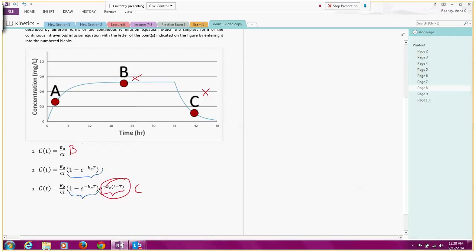For the last one, which one is just looking at the accumulation? Which one is just looking at the point to see where drug is building up? That one's going to be A. So that's this point right here.